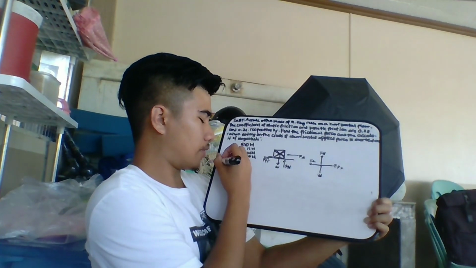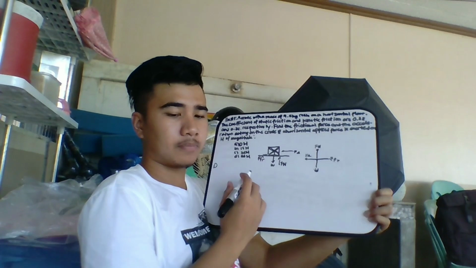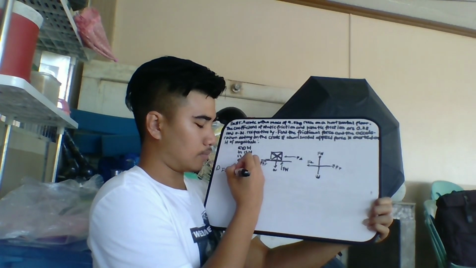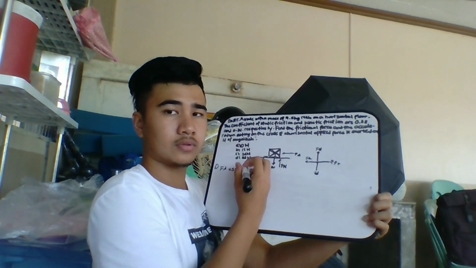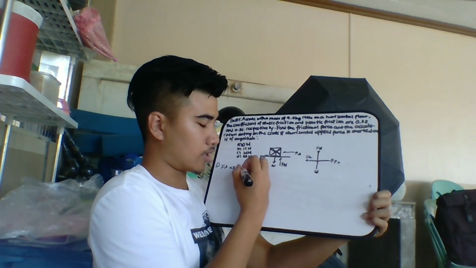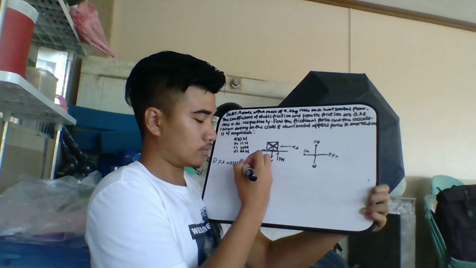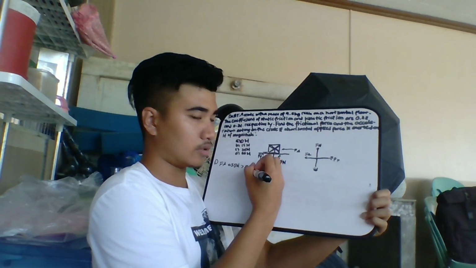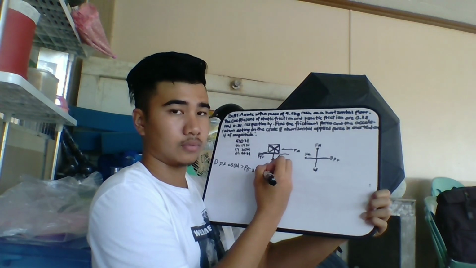For letter D naman, ang force applied na given sa atin is 55 Newton. Ang force of friction by static kanina is equal sa 35.42 Newton.